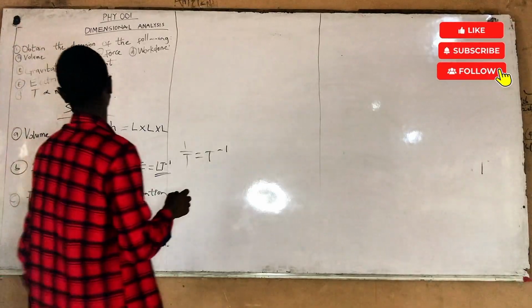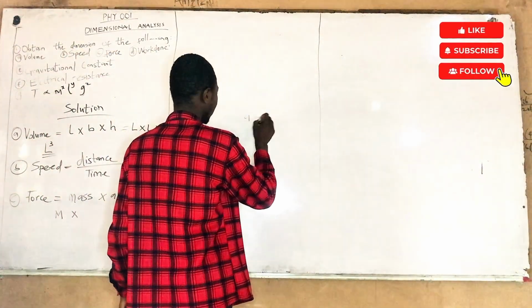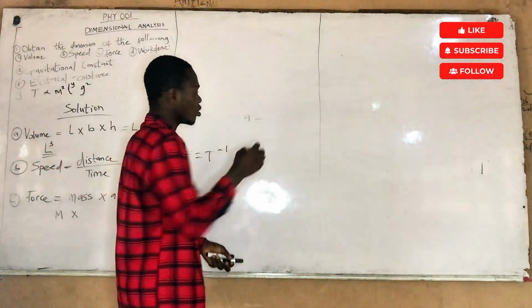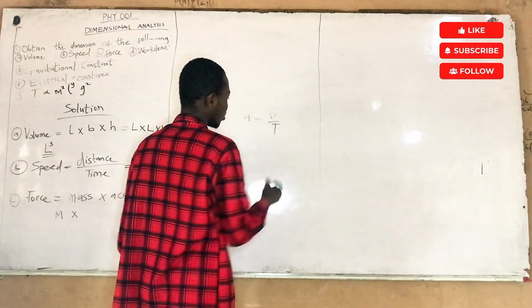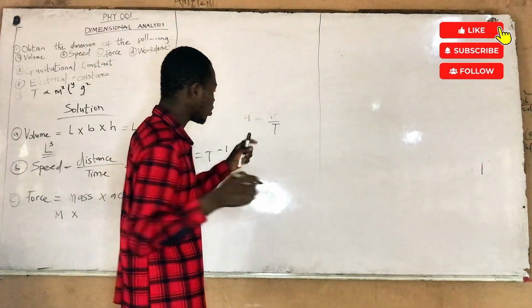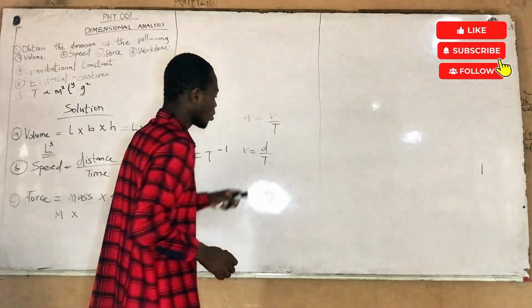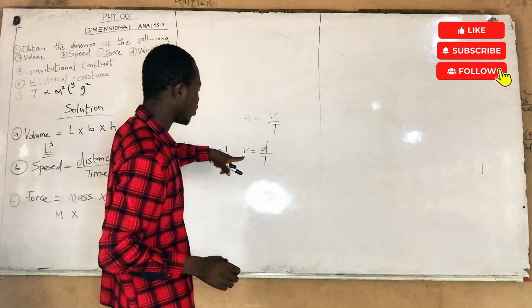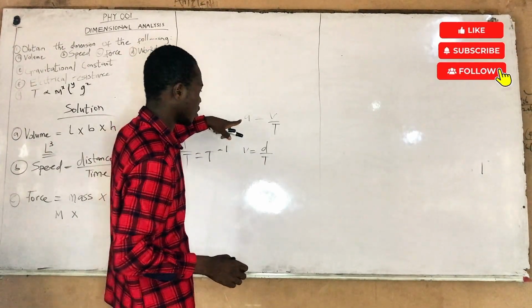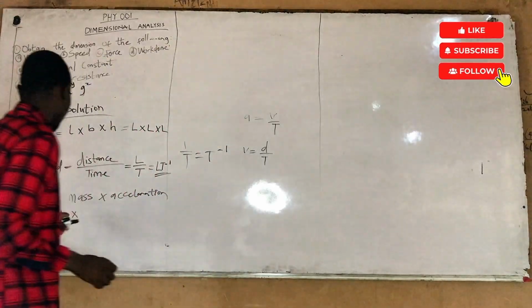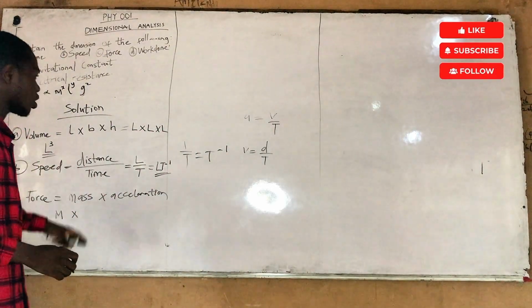Okay, let's solve acceleration here. Now acceleration. We know that acceleration is velocity over time, right? And we know that velocity is displacement over time. So from this velocity, you can get this acceleration. From this acceleration, you can input it here to get your force.